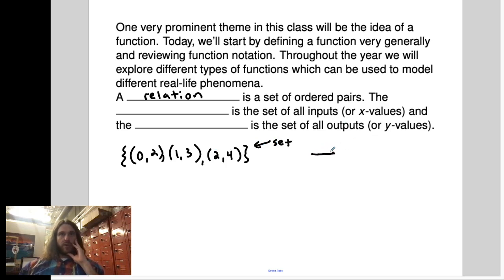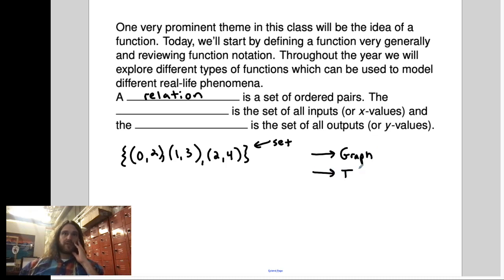The other way you can represent something like this is with points. So you might immediately think, hey, I can write this as a graph. That is also an option. We can graph these things. That's fine. We can also represent them as a table.